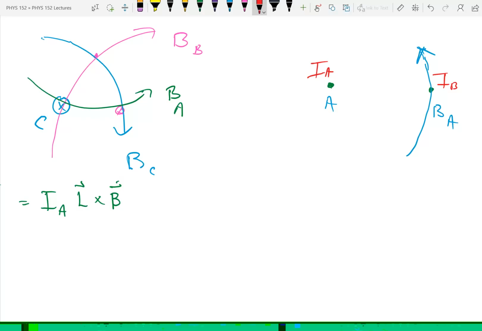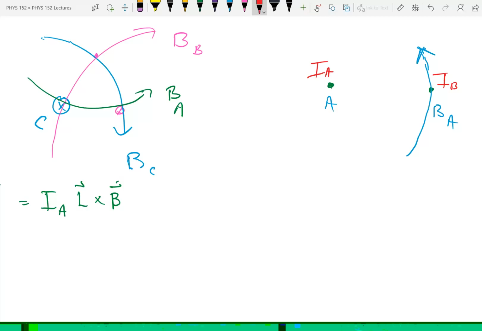Right, the thumb is the direction of the answer. The index finger is with the length, so that would be coming out. And then the middle finger is the only thing left, which is the magnetic field. So we've got our index finger coming out, middle finger going up, and my thumb is pointing toward wire A.